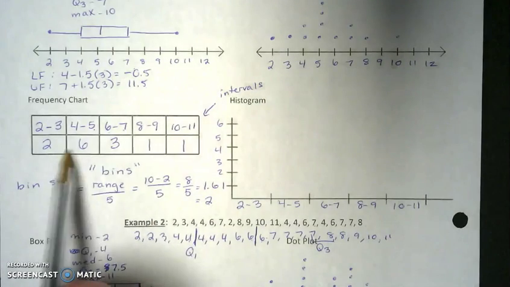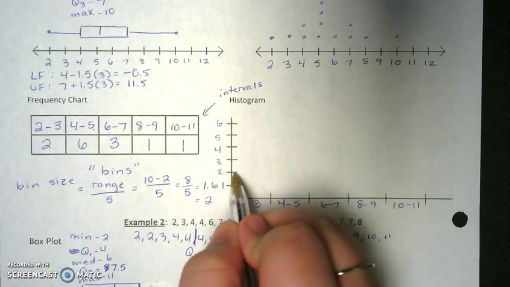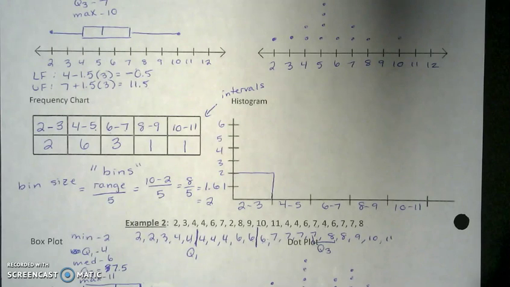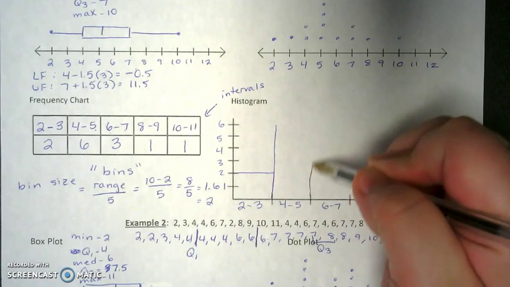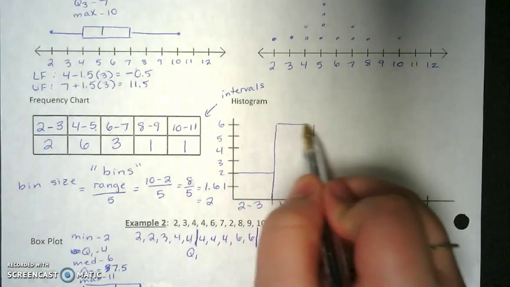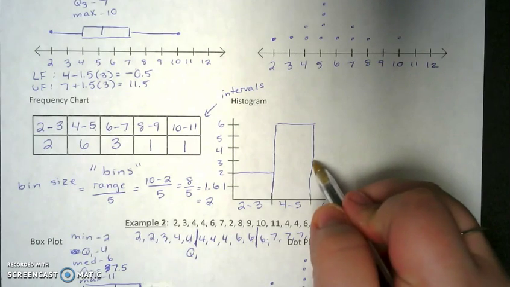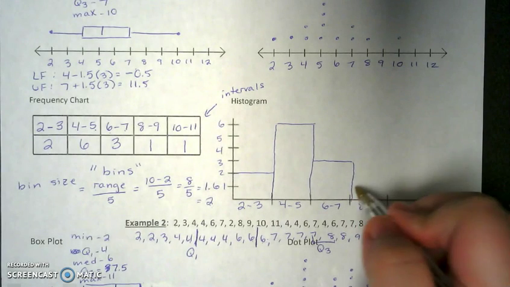Now, these are telling our bar heights. So from 2 to 3, we had 2 numbers, so we're going to go from here and draw down. So 2 to 3. 4 to 5 is 6, so we're going to connect it and go up to 6. So if you notice, there are no gaps. 6 to 7 is 3. 8 to 9 is 1.